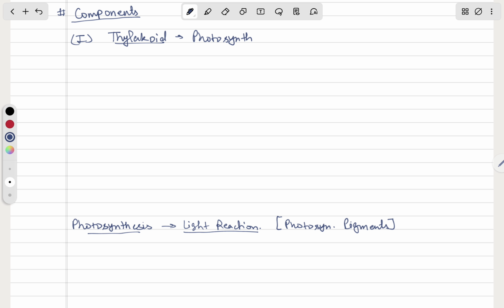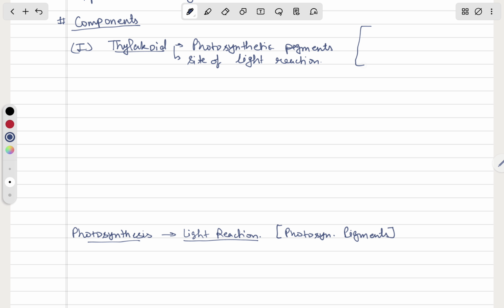Because of the presence of photosynthetic pigments, we can say thylakoid or grana is the site of light reaction. Grana is a pile of thylakoids.